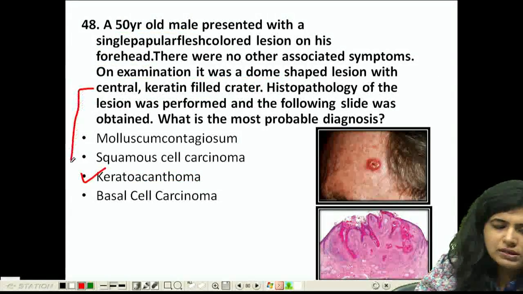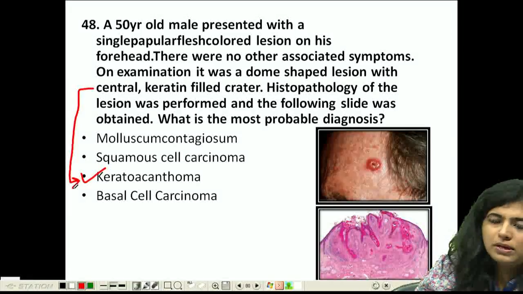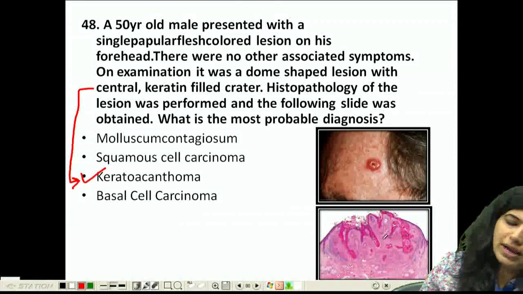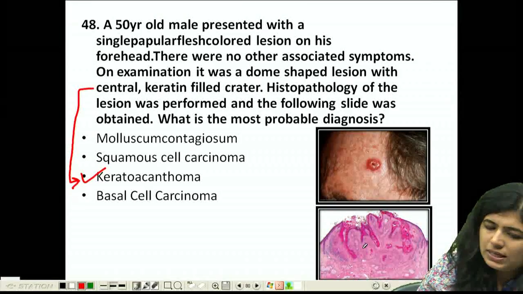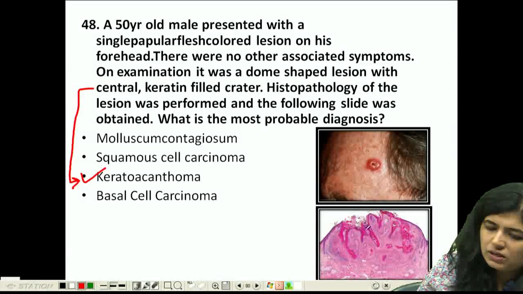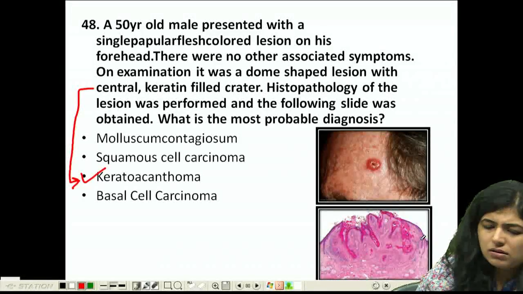And then you look at the histopath here, you see that the center is full of this pinkish colored keratin. It's a nodular shape. If you see it in high power, you will see dyskeratosis also, mitosis, features suggestive of disarray, like a pre-malignant lesion you will see.